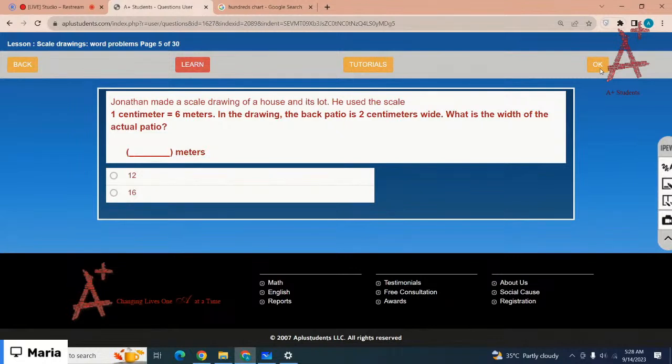Jonathan made a scale drawing of a house and its lot. He used the scale 1 centimeter equals 6 meters. In the drawing, the back patio is 2 centimeters wide.